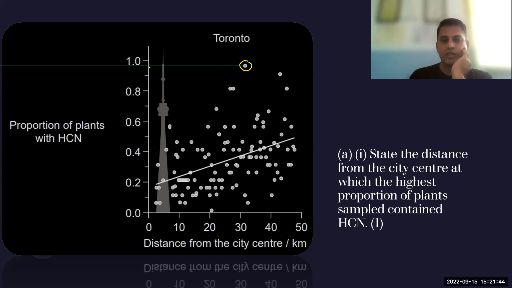It is confirmed that this is the plant with the highest concentration, because the y-axis shows around 0.9, more than 95, 97, 96, 98 concentration, and this corresponds to 32. So this answer is 32.